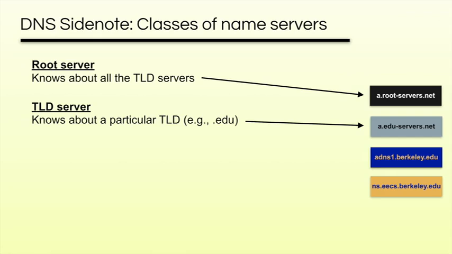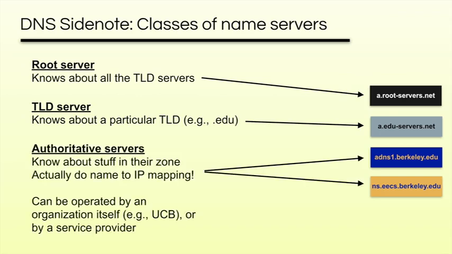Like there are servers that know about .edu, like berkeley.edu and Mount Holyoke.edu. But they don't know anything about eeks.berkeley.edu. And then we have authoritative servers, and these are ones that actually do the name to IP mapping. They know about the stuff that's in their zone.